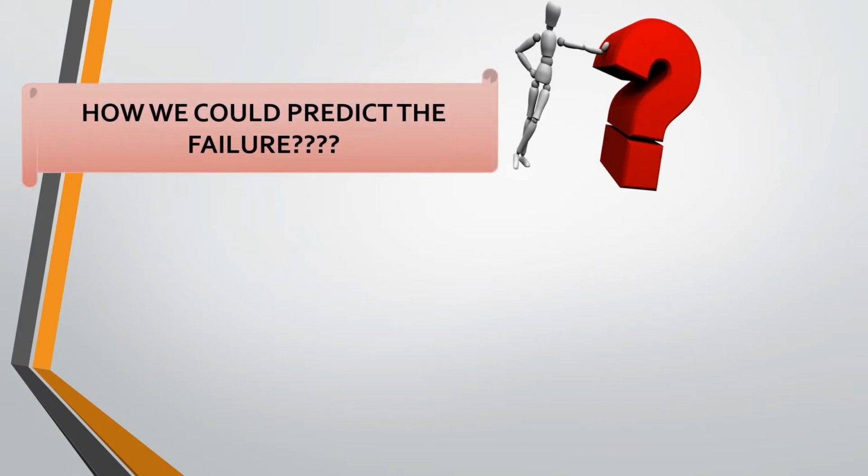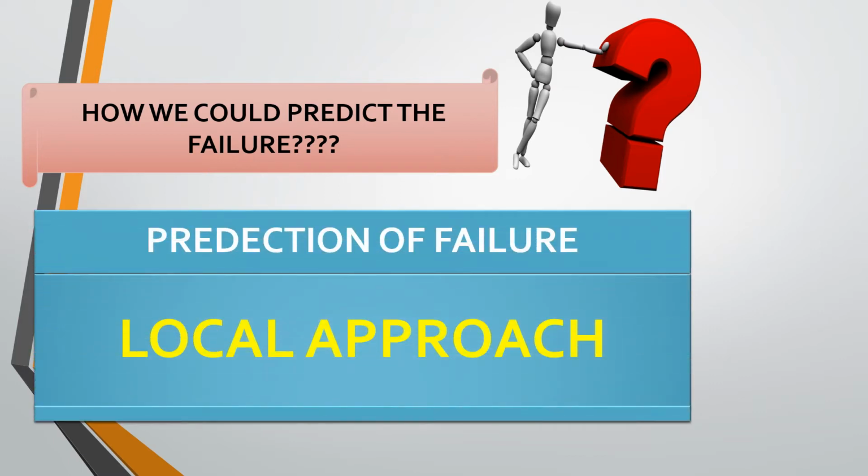So maybe now the question: how could we predict the failure based on local approach? Yes, there are various models based on local approach that we can use to predict the failure of material. And one of the materials that I'm working on is the pipeline.